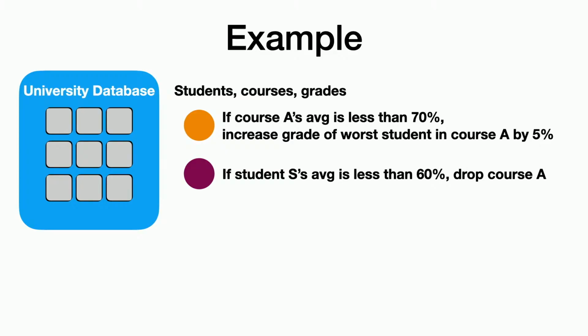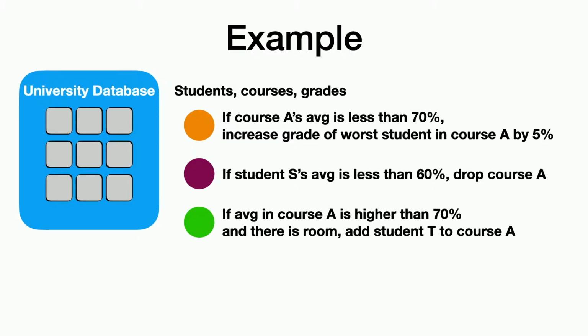At the same time, some student looks at it and says, if my average across all my courses is too low, I'm going to drop this very difficult course. And then a third student comes in and says, I want to enroll in this course if it has a high average, because I want my life to be easy. So I want to enroll in it, but only if there's room.